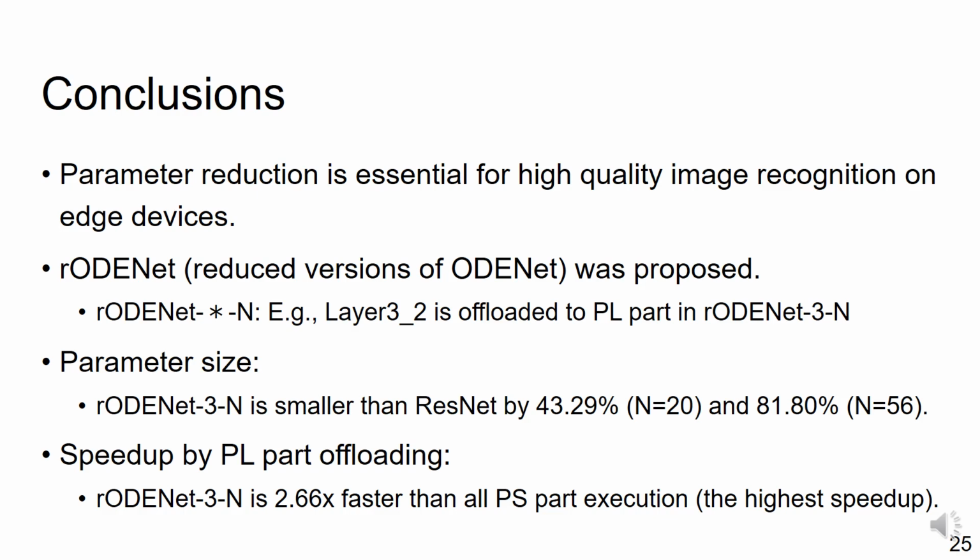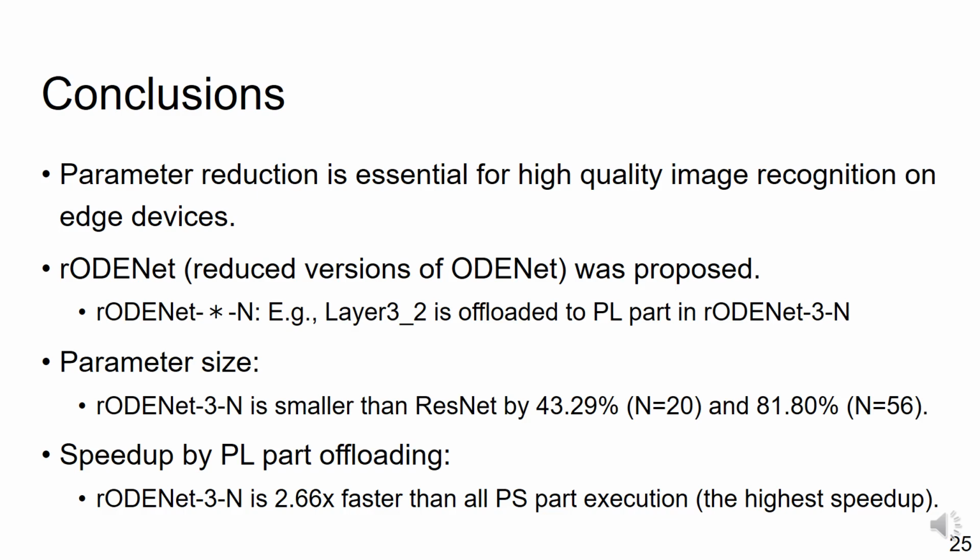To verify the benefits of the proposed architecture, we evaluated them in terms of the parameter size, accuracy, and execution time. For parameter size, our RODNet 3 achieved a 43.29% reduction over LessNet 20 when n was 20, and an 81.80% reduction over LessNet 56 when n was 56.